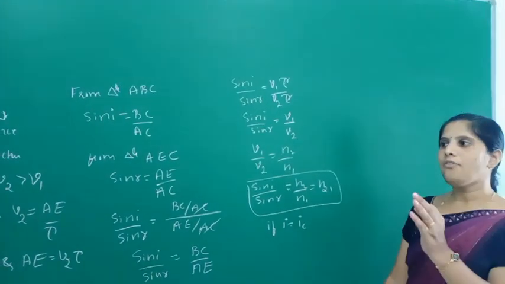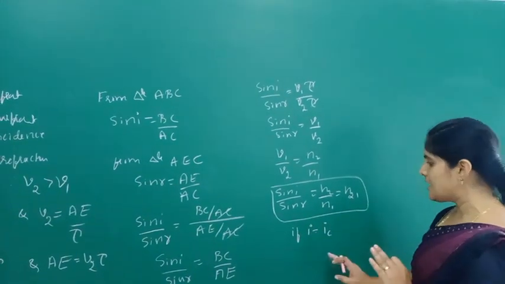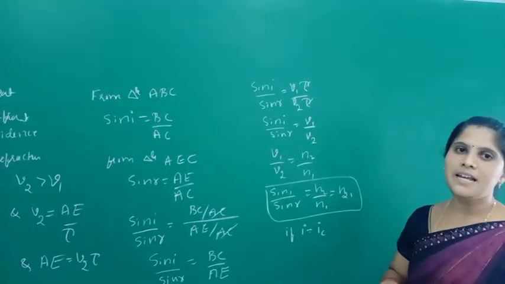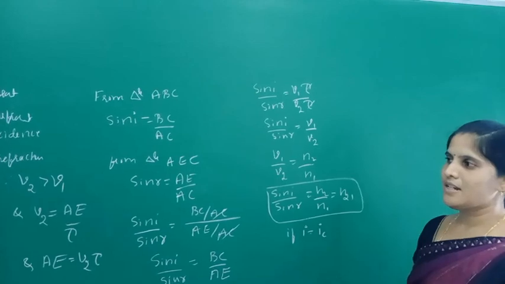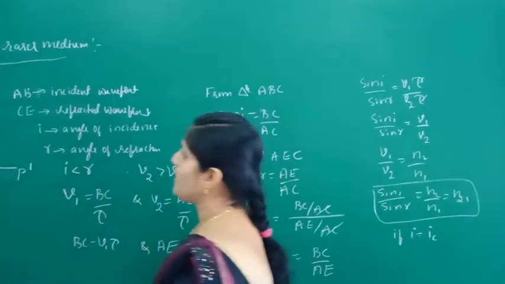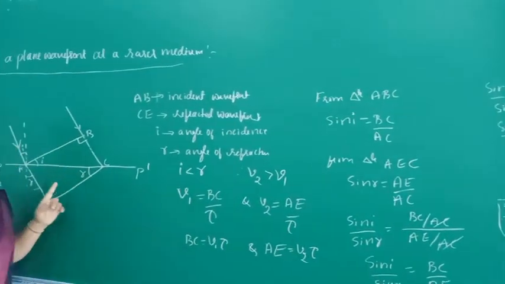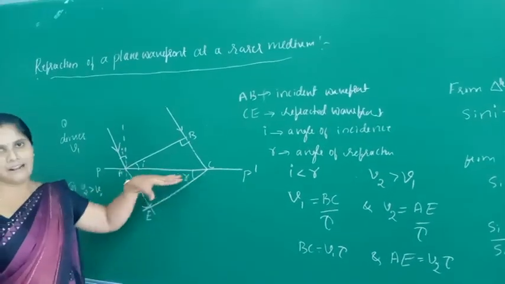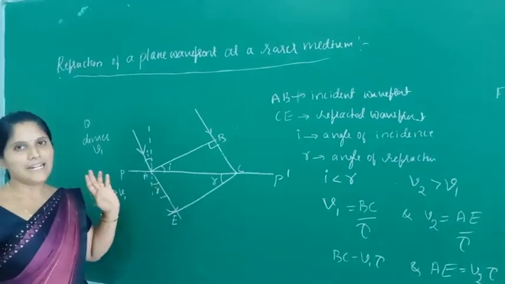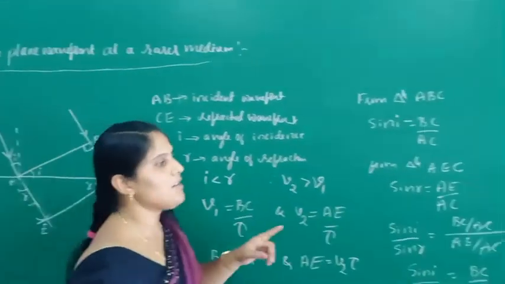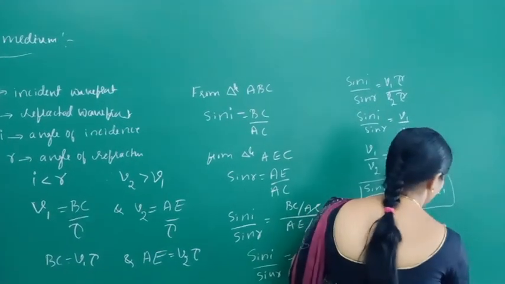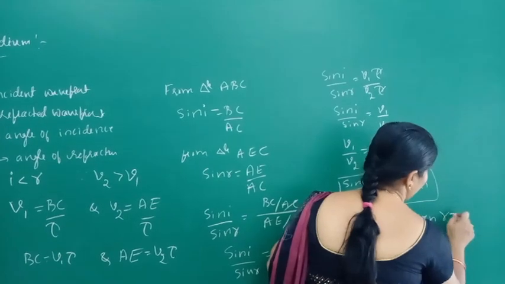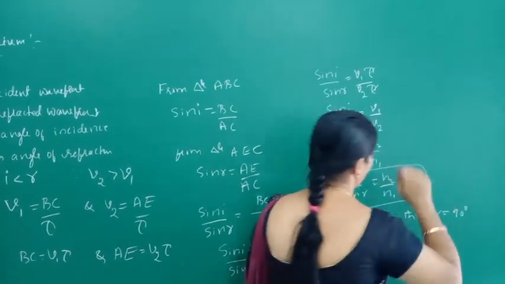It is the angle of incidence for which the angle of refraction becomes 90 degrees. If i is equal to ic, then r is equal to 90 degrees.